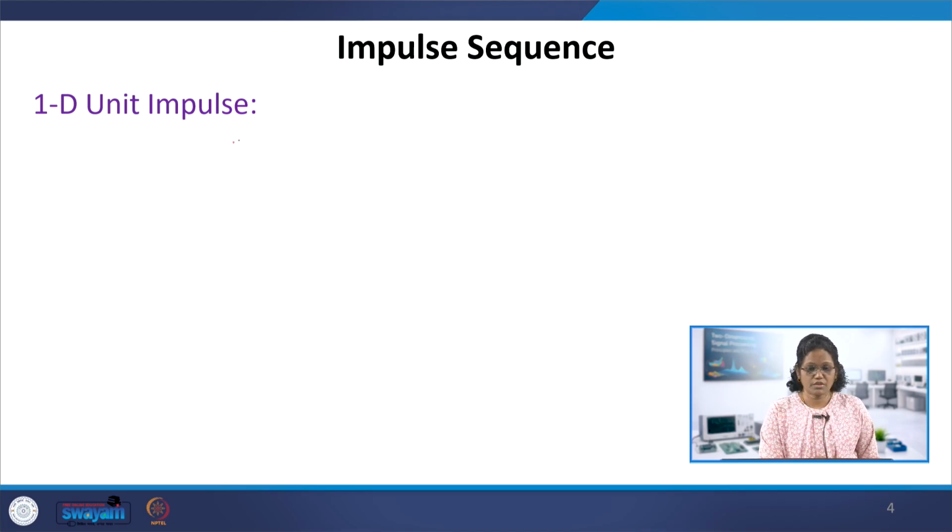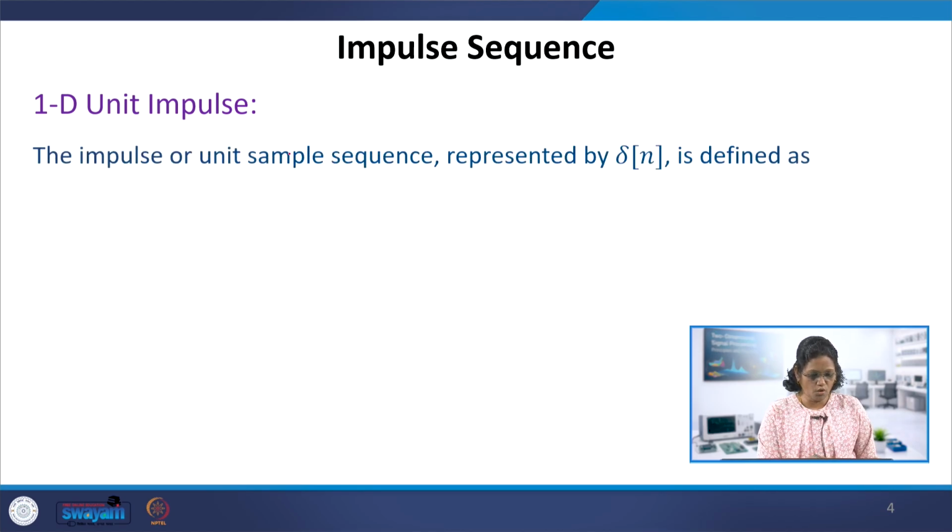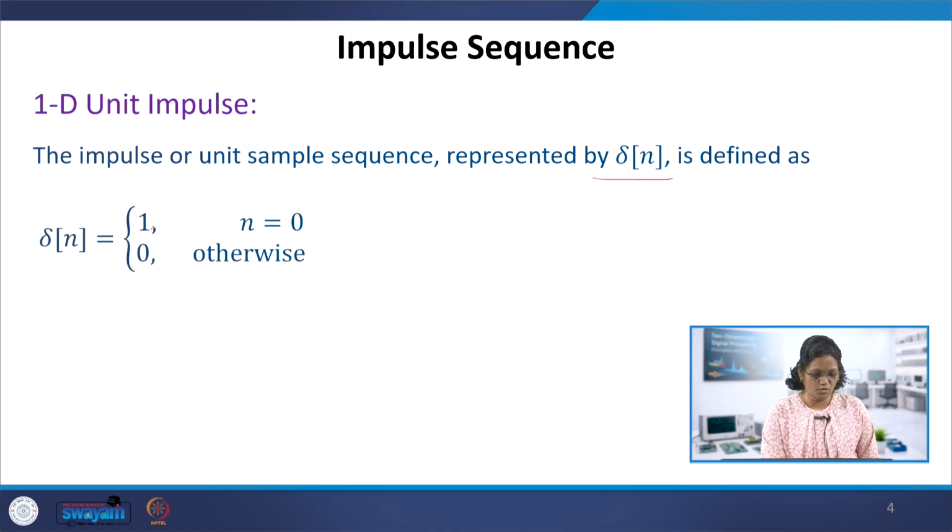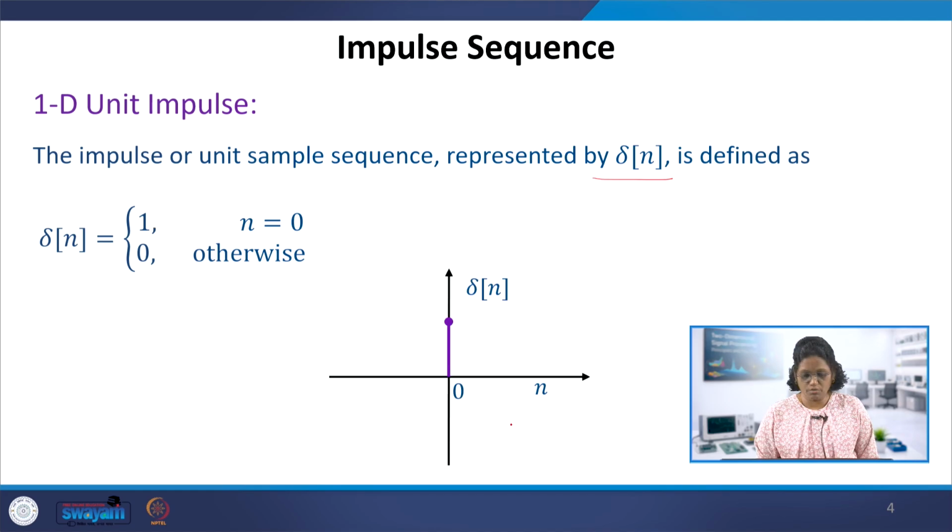The first case we take is the impulse sequence, the 1D unit impulse. We already know it is a unit sample sequence, always represented by delta of n, and it is defined as 1 only at n equal to 0. It is 1 because it is a unit impulse, or it can be of any value if it is simply an impulse, and it is 0 otherwise. n can vary from minus infinity to plus infinity, but n can take only integer values, and at n equal to 0 it is defined.